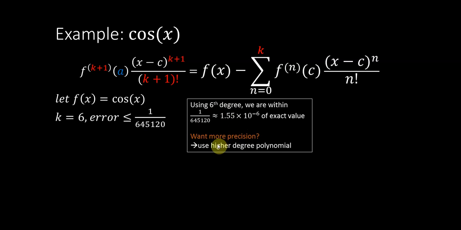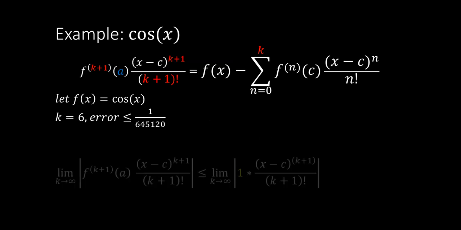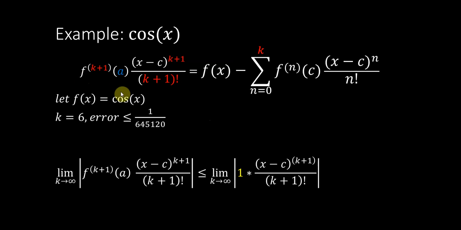So let's kick it up a few notches and use a really high degree, as high of a degree as we can. What if we took this error bound here and tried to calculate it using the limit as k approaches infinity? This is like saying, if I replace k with infinity here, this would be my error bound.